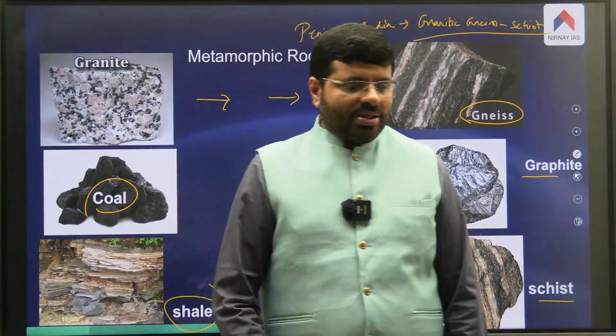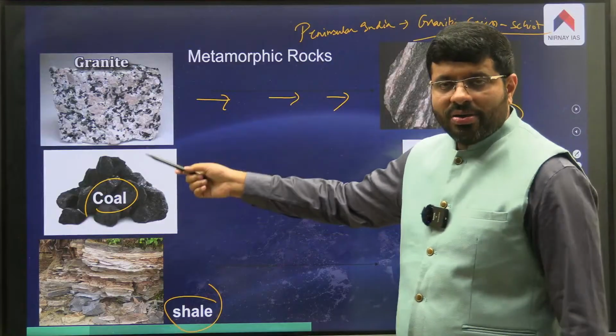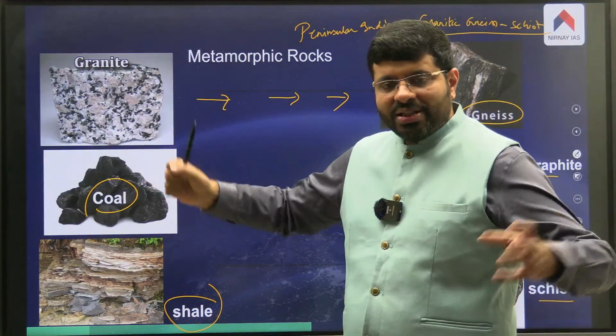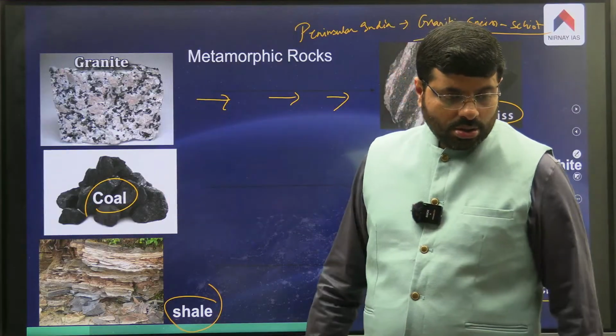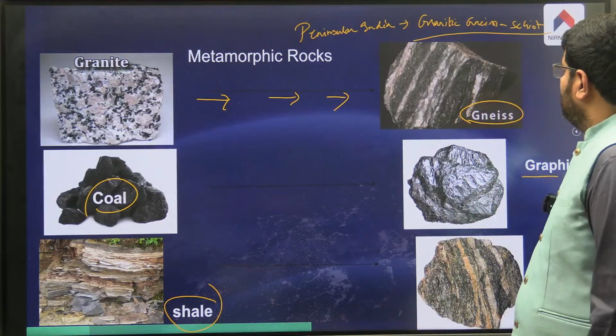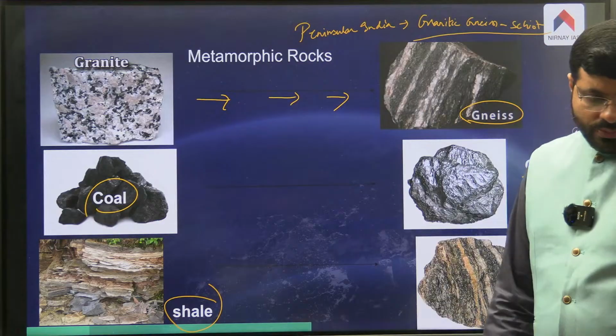Why? All this indicates that they are found in combination. There is a granite rock. That granite rock has been metamorphosed because of the forces of the interior of the earth over so many years. That led to the gneiss, and shale rock led to schist.